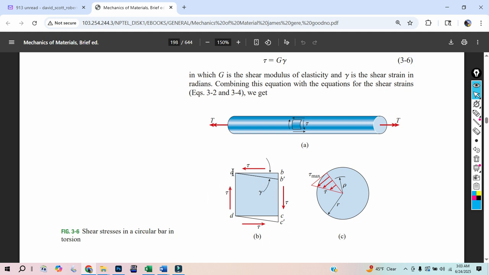I can easily say this square is a cube and has a surface area, and if the shear stress is the force divided by that area, I can multiply it by that area and get the force that we're talking about.